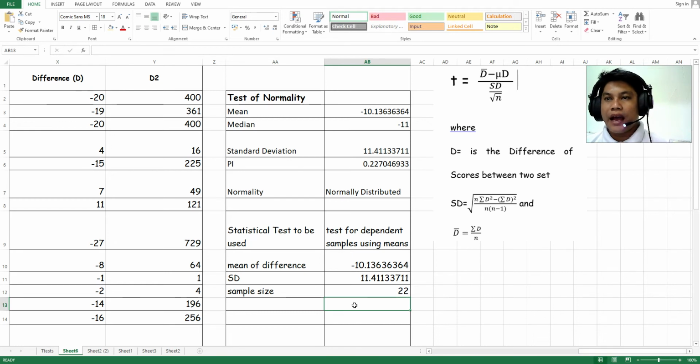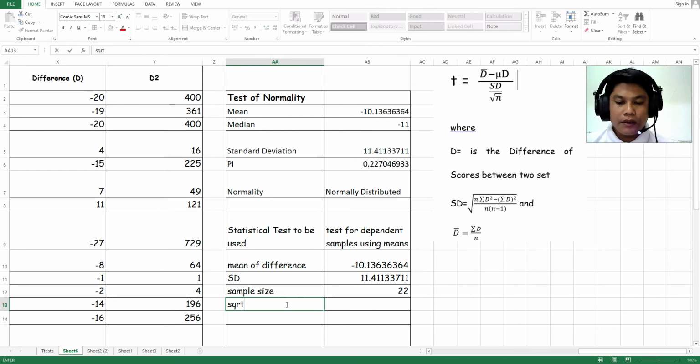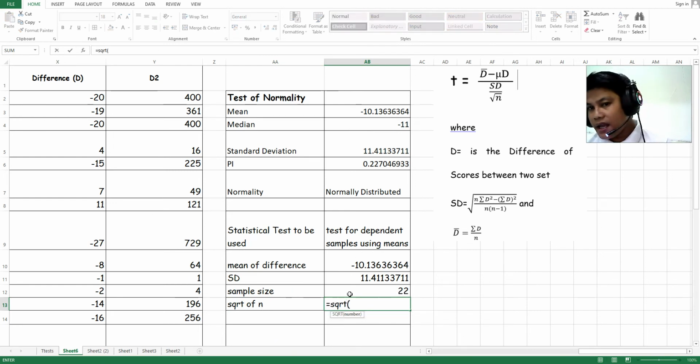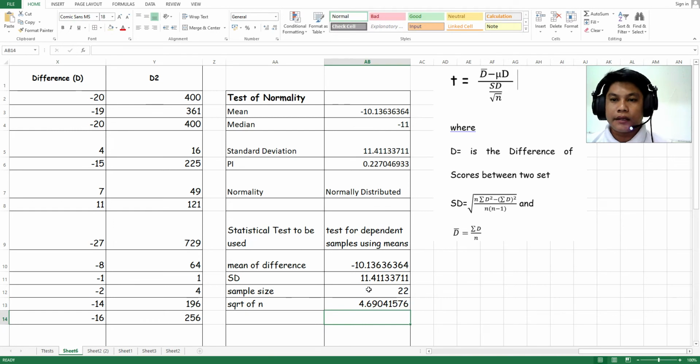So what will happen now? We will now subtract. Since we have no value for mu d, we assume that 0. So we have the bar d, which is -10.13636364. Divide it by the quotient of the standard deviation over square root of n. So first we have to get the square root of n. So you have the command equals sqrt, open parentheses, our n is 22. Enter.